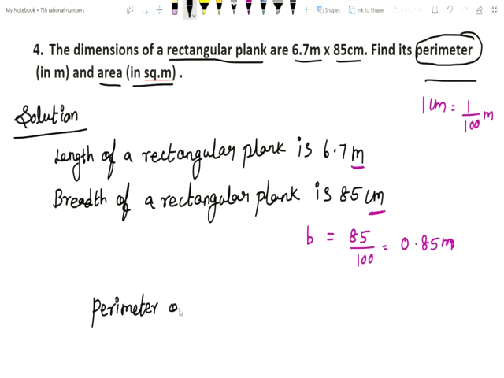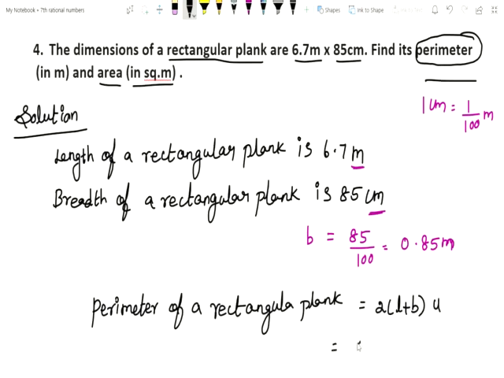So perimeter of a rectangular plank equal to 2 into (L plus B) units.